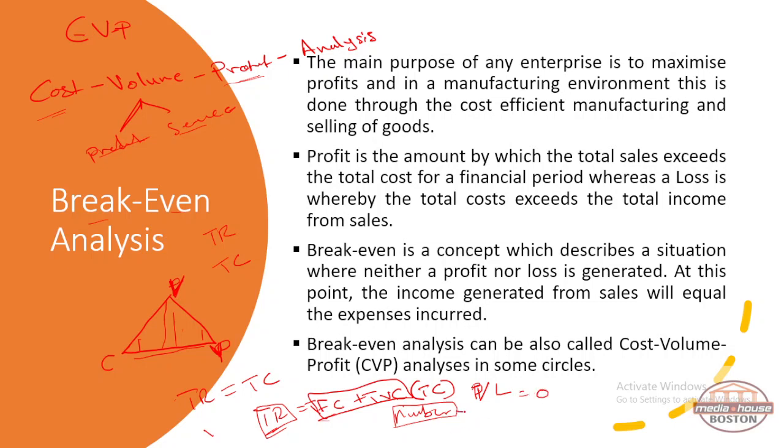Once we have this number, when we are preparing our financial statements or our budget, we know that once we reach this number we are at what we call the break-even point, and any units we sell after this, we're going to start making profit.